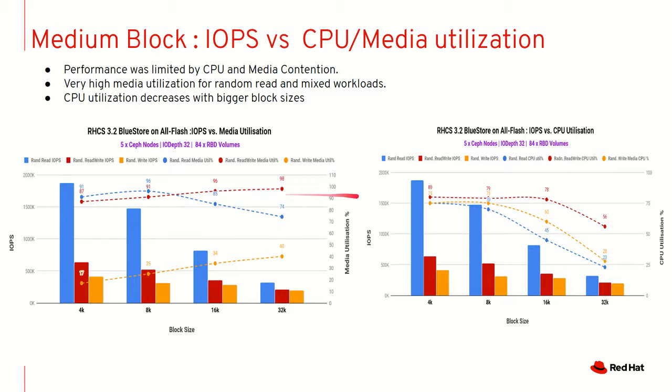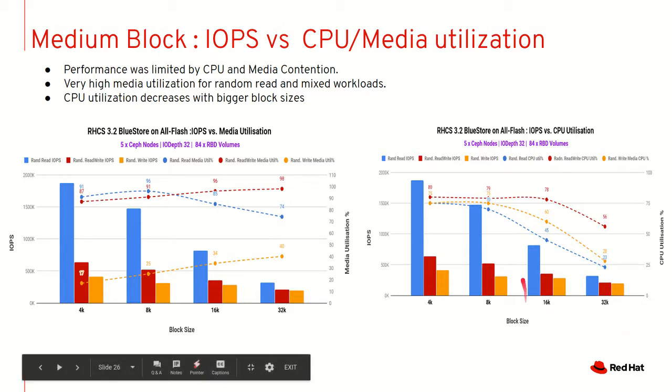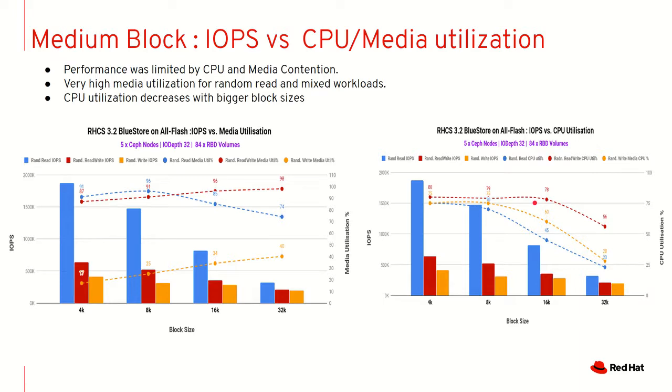And on the right, we have the graph of the CPU utilization, and we can see that, as expected, the CPU utilization decreases as the size of the blocks that we are testing gets bigger. So with bigger block sizes, we have lower CPU usage.